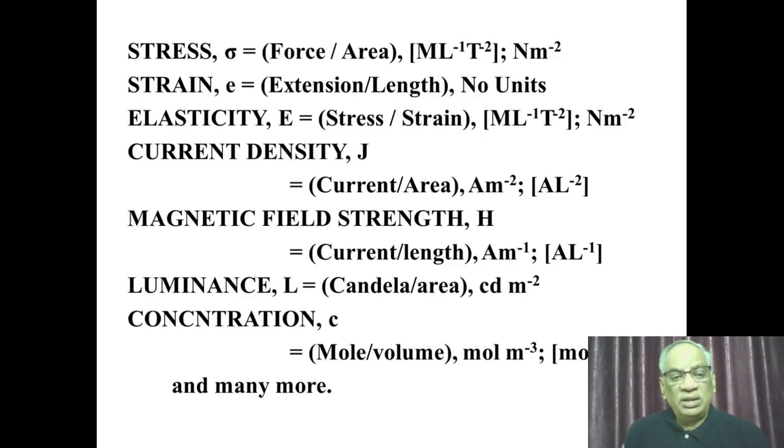Then elasticity. Elasticity is the ratio of stress versus strain, and because strain doesn't have any units or dimensions, elasticity dimensions and units are the same as stress, that is Newton per meter square, and ML minus 1 T minus 2 is the dimension.